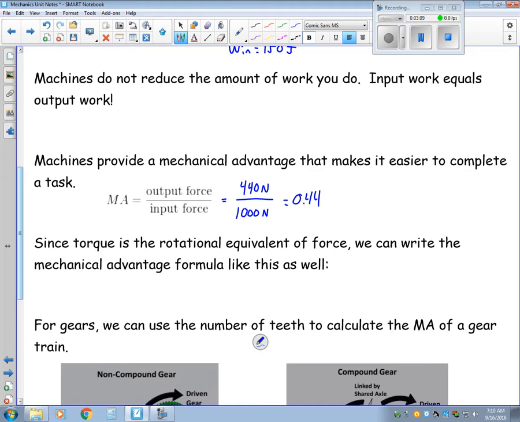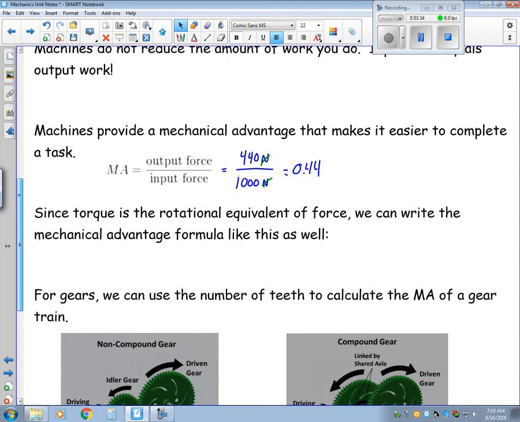So when you get a mechanical advantage that's less than 1, it's a machine that is designed to make you go faster. It's not meant to lift anything heavy, if you will. Also notice that the units disappear. Mechanical advantage is a ratio, and ratios have no units.